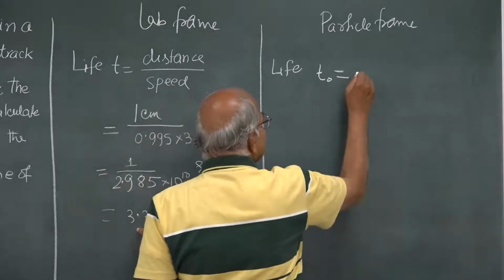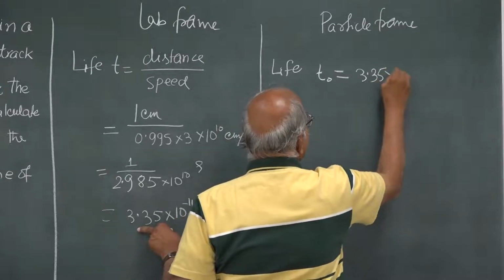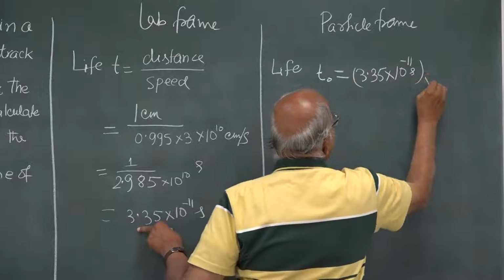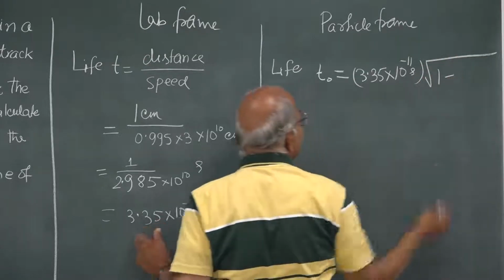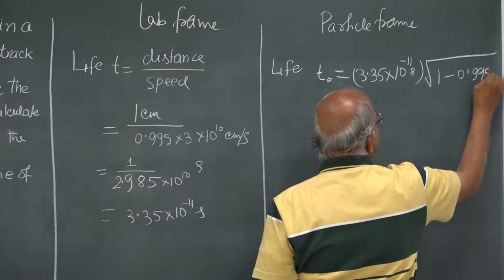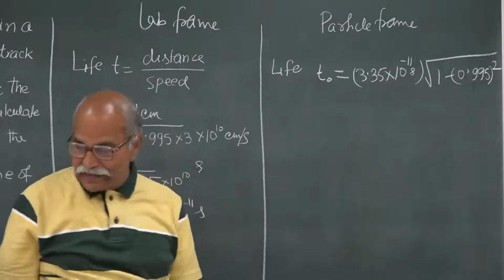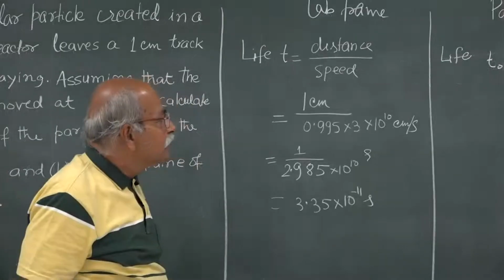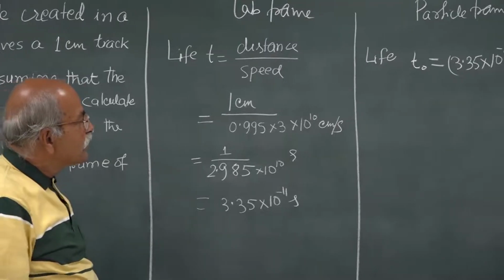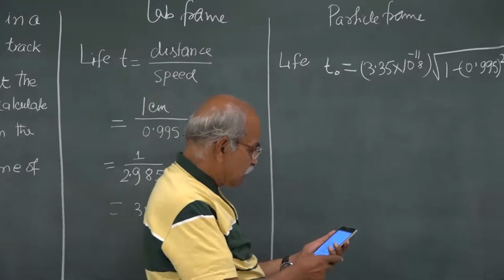Therefore, it will be this 3.35 into 10 power minus 11 second, multiplied by square root of 1 minus (v by c) squared, which is 0.995 squared. So, these many seconds. You can work out how much it is. I can use my calculator. How much is it?